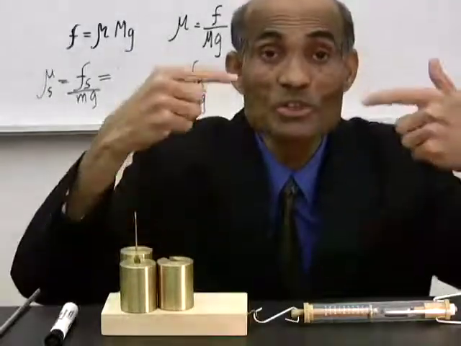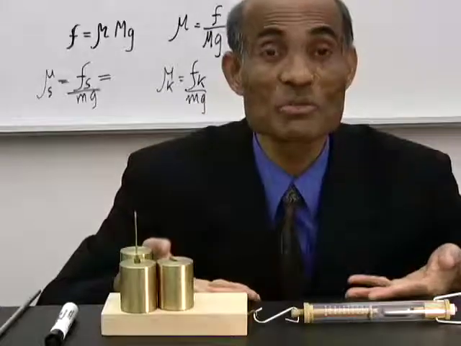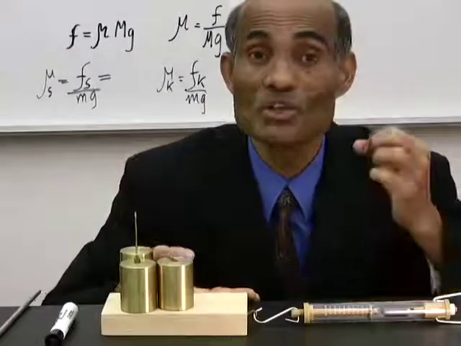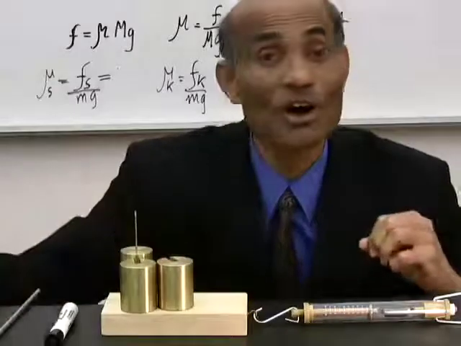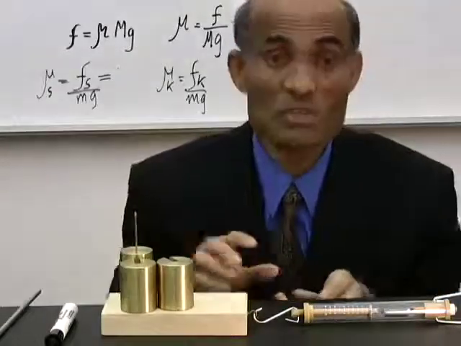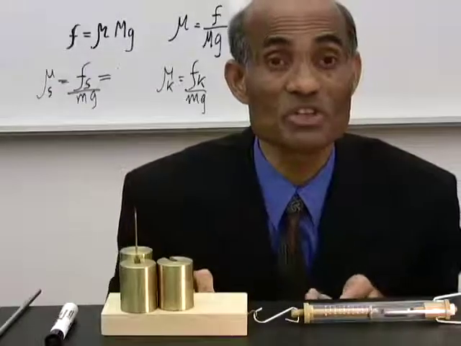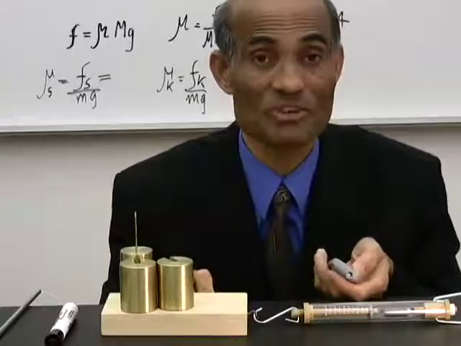The wheel should continue to rotate so that the force of friction between the road and the tire is always the force of static friction. Alright? So I hope you understand the difference between the force of kinetic friction and the force of static friction.